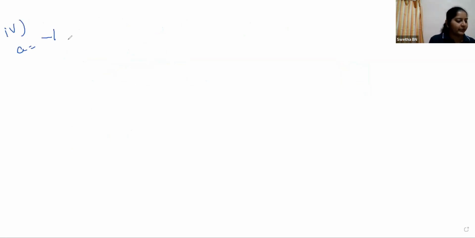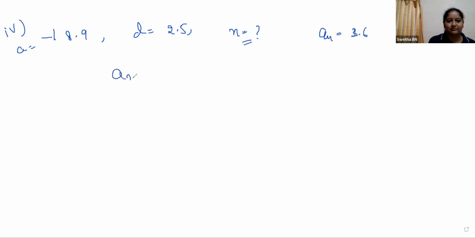The next question is the fourth one. A is given, minus 18.9, and D is given, it is 2.5. N is the question mark and AN is equal to 54. Do the last sum, children, and find N. Tell me fast.